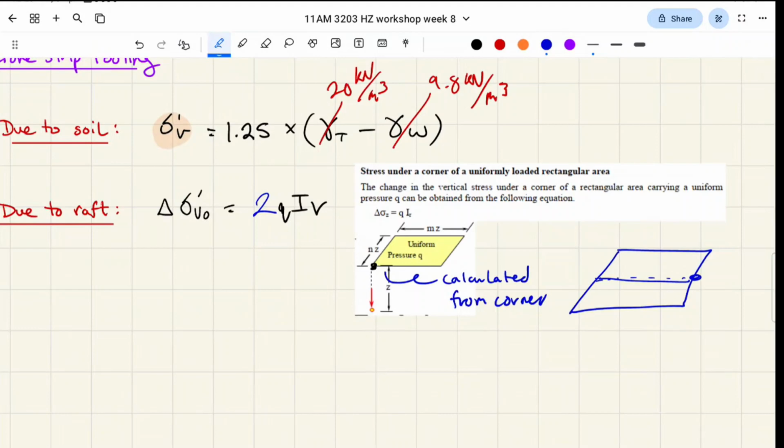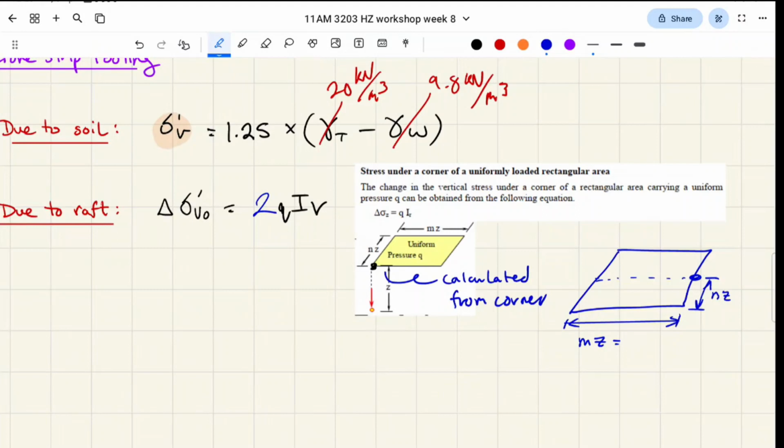Yeah? Okay. Now we have to account for some geometry. These words might seem a little bit abstract. You might recall them from soil mechanics, but we have these dimensions which we were given in the question, right?